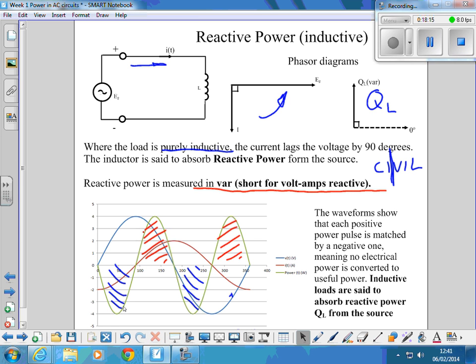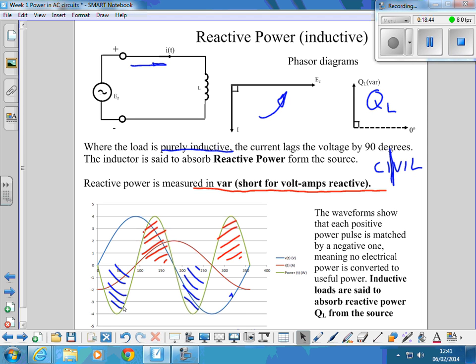VAR is short for volt amps reactive. So it is still the product of the current and the voltage, but they are 90 degrees out of phase with any resistive current and voltage, represented by this phasor diagram here.